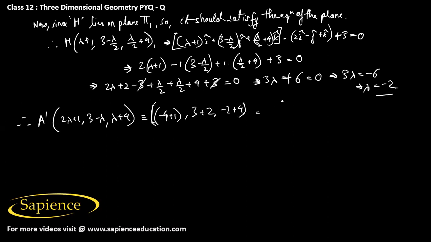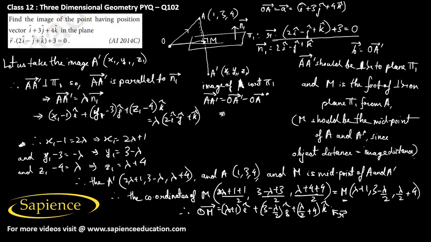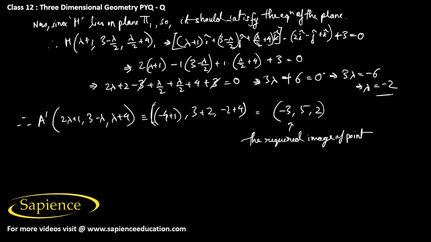So this will be equal to (-3, 5, 2). This is the required image of the given point (1, 3, 4) with respect to this plane.